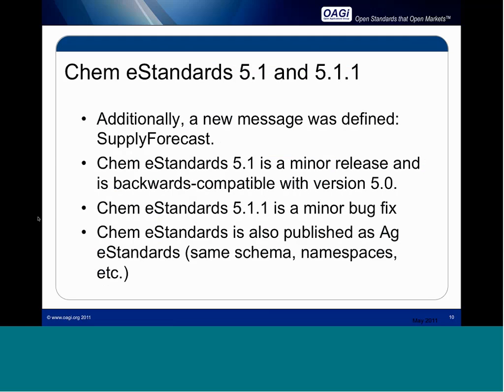CHEMI Standards 5.1 is a minor release and is backwards compatible with 5.0. CHEMI Standards 5.1.1 is a minor bug fix. And CHEMI Standards is also published as OAGi Standards. It's the same schema, same namespaces, etc., and that is widely implemented in the agriculture industry in North America and increasingly throughout the rest of the world.